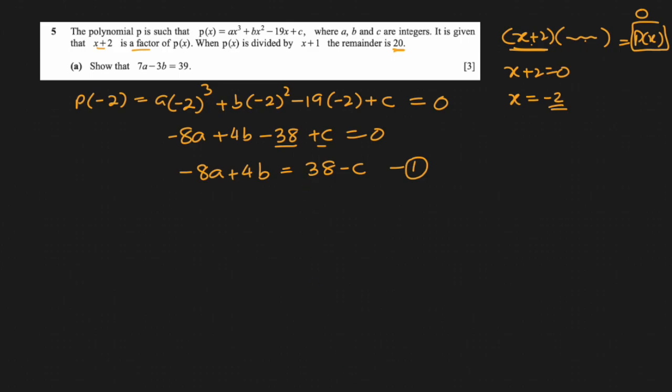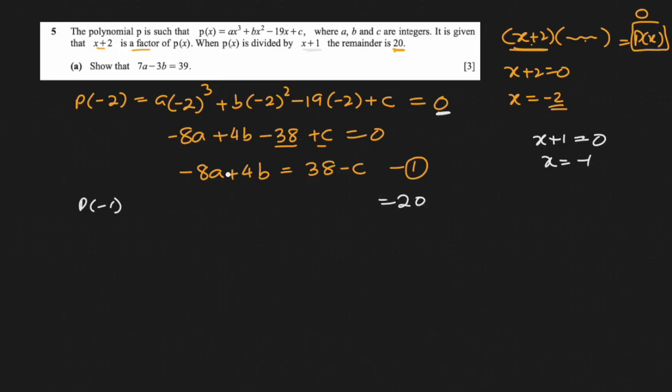Let's see what we get when x plus 1 divides, but it is not a factor. The remainder is 20. That means 0 will not be the remainder. It is not a perfect factor. So we'll write 20 in place of this. When we make x plus 1 equal to 0, x is equal to minus 1. So p(minus 1) should give us 20.